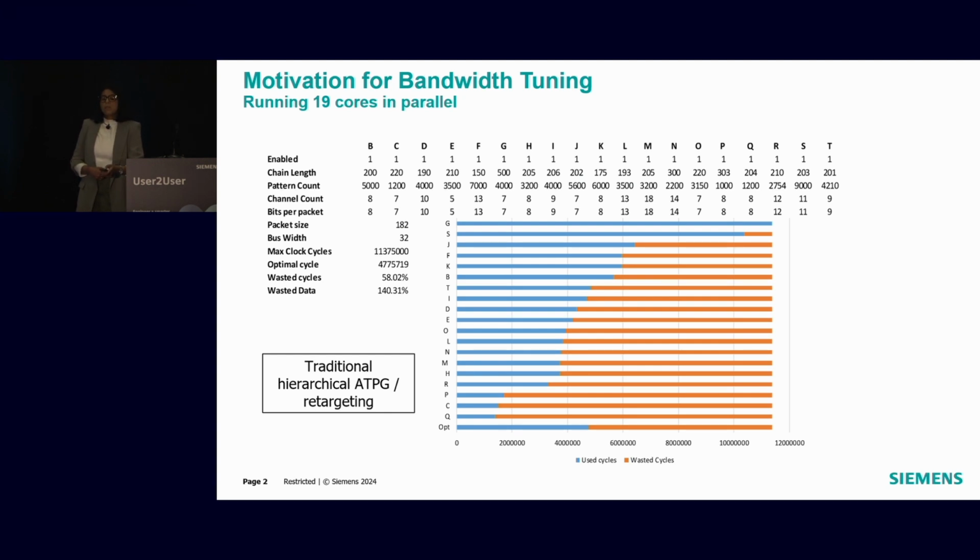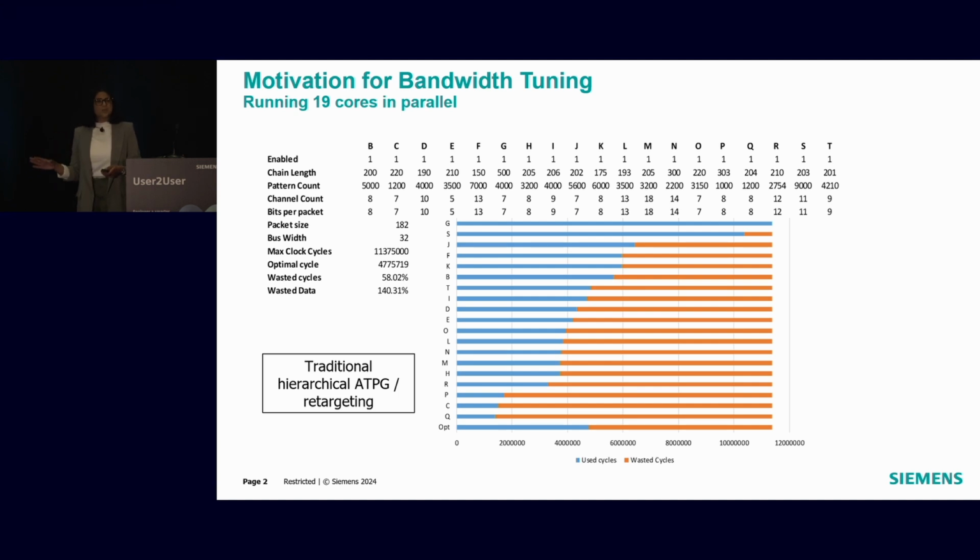SSN really is a data delivery mechanism for testing your cores in a retargeting group for hierarchical test. But what makes that streaming scan, or that data delivery mechanism, stand out, and what makes SSN differentiated?